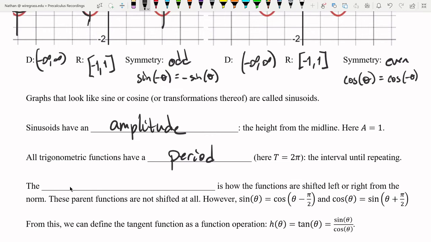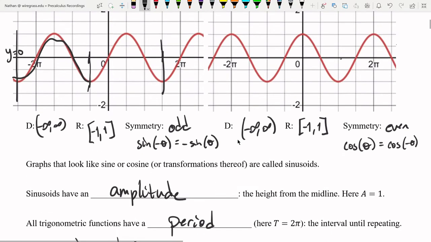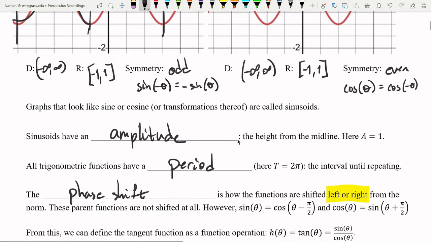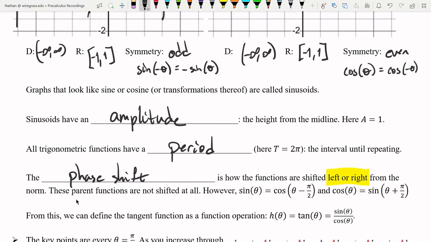Now, the phase shift is how much the function is shifted left or right from the norm. And the norm, of course, being these sine and cosine functions. These parent functions, of course, are not shifted at all.